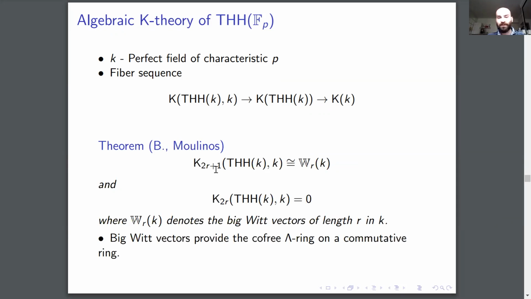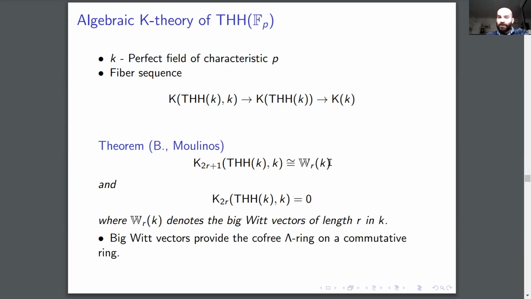And in odd degrees, algebraic K-theory groups are given by what's called the big Witt vectors of length r in K. Now, these big Witt vectors on a commutative ring are the cofree lambda rings on that commutative ring. In other words, this is the right adjoint to the forgetful functor. Length r means that you somehow truncate these cofree objects.